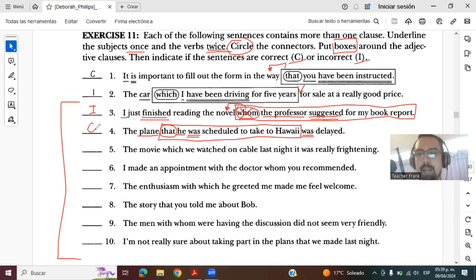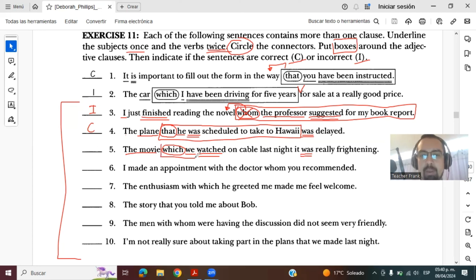Let me just check it. Yes. Okay. So number 5 says, the movie which we watched on cable last night, it was really frightening. Okay, so the movie, we have the first verb here, watch, who or what watch? We. We have our connector here, which, and then all the way over here, we have our verb, who or what was really frightening? The movie.